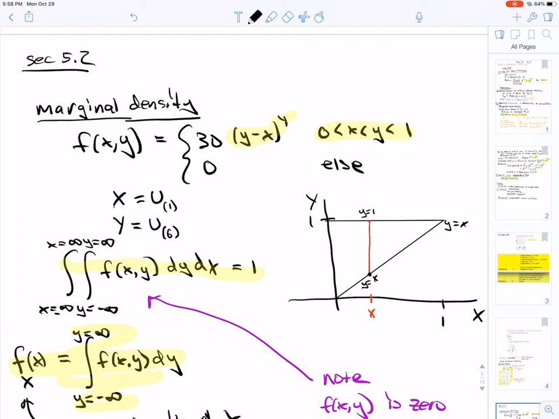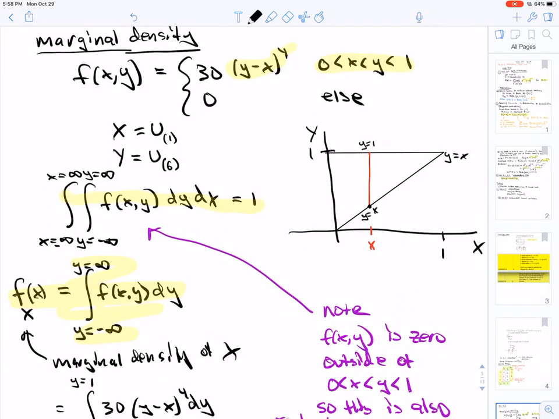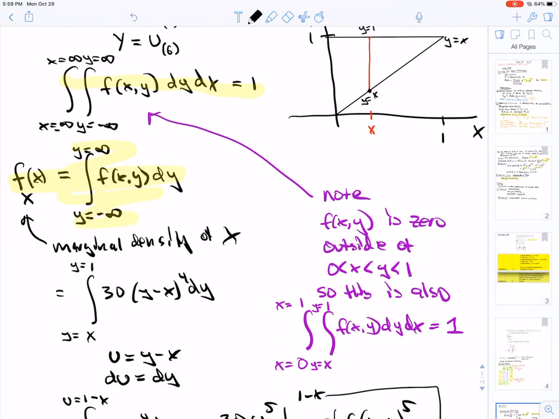So we get an upper triangle here because x is less than y, and x and y are between 0 and 1. So you just get this little triangle here. So for example, to get the marginal for x, you would fix x, and then you would integrate your density f of x,y for y's between x and 1. So just look at the vertical line in red here that I've drawn. You're integrating from y is x to y is 1.